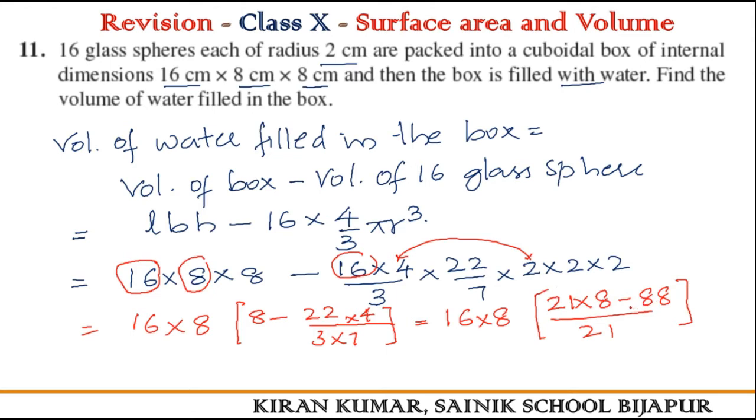That gives us 80. So it is 16 times 8 times 80 upon 21, and the approximate value is 487.6 centimeter cube. This will be the volume of the water filled in the remaining space of the box.